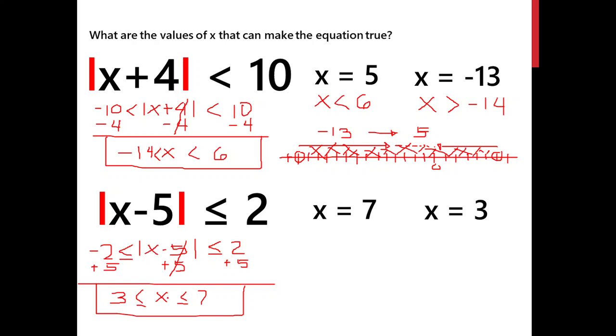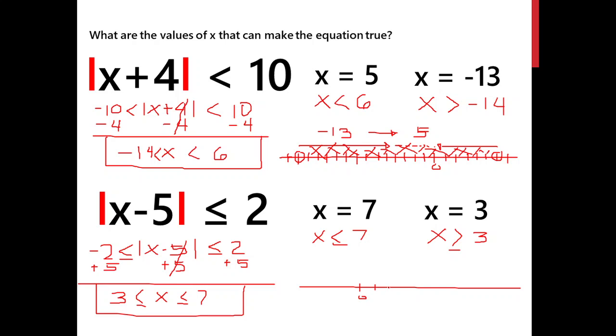So any number less than or equal to 7 is a solution. And any number greater than or equal to 3 are solutions. Now let's try to plot this one in the number line. So I have my 0 here.